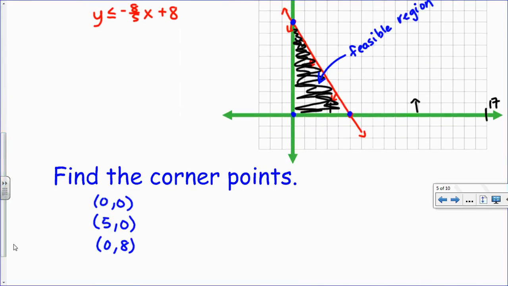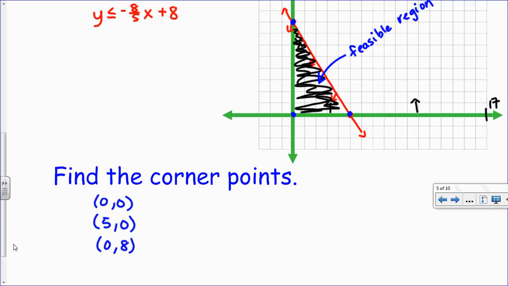We will have to find their corner points. And then we plug these into an equation that we will find to maximize or minimize, like to find a maximum or minimum. Okay? So just hang with me now. You might not quite understand why we're finding this, but you will once we do the whole thing.